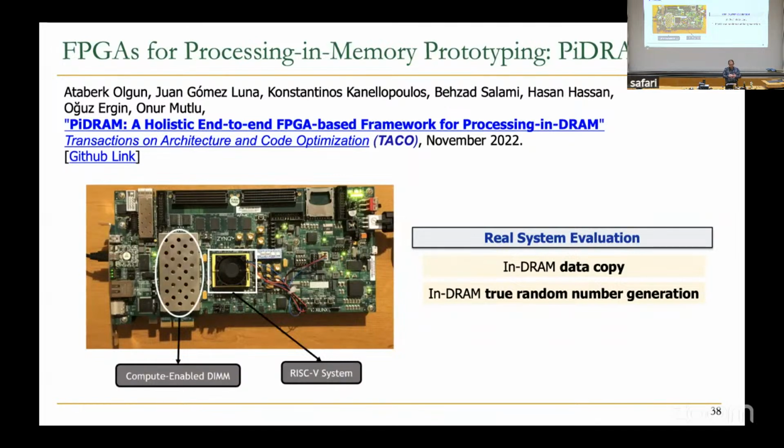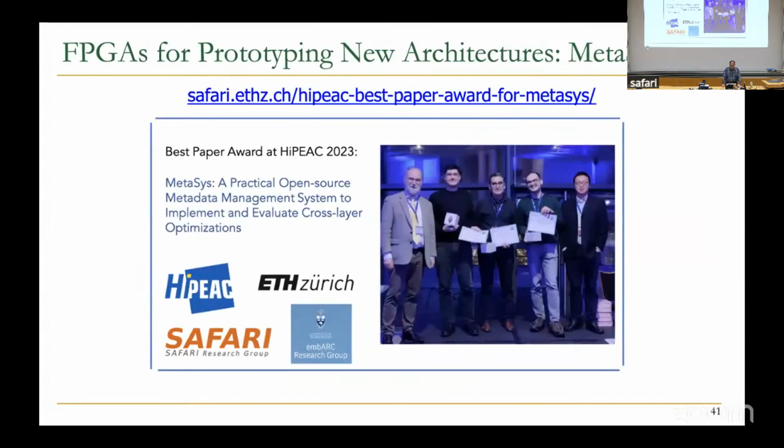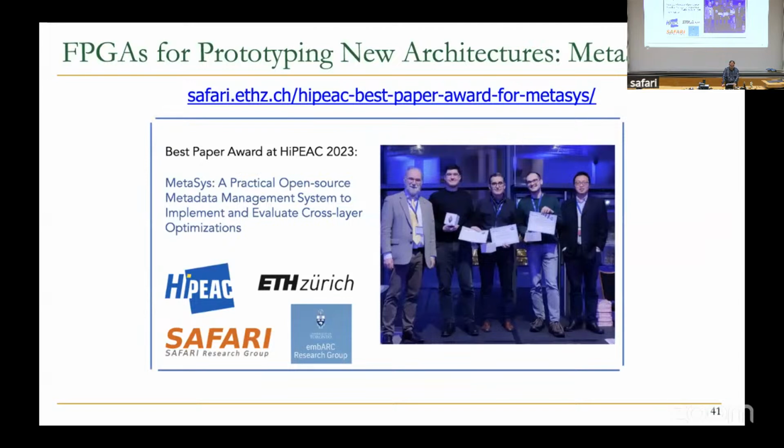And you can implement PiDRAM in a prototype, the whole system, essentially. These are also for another work, MetaSys, and you can see Atterberg here, this guy. He got the best paper award at HPCA for this work.